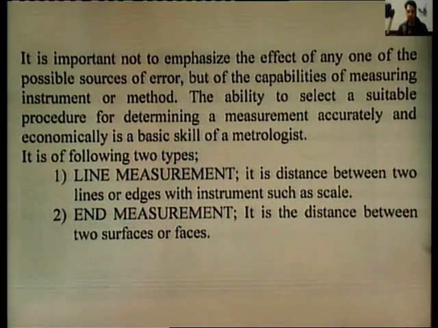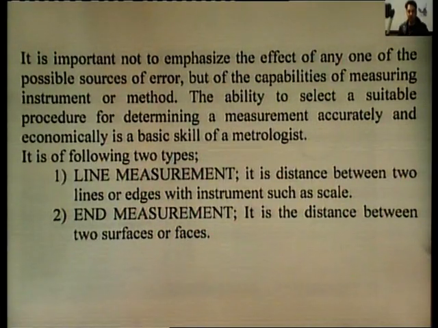So, we must have the right feeling when we are trying to take a measurement. The measuring instrument should have right contact over the component. So, this measurement is of two types which we have already discussed, that is the line measurement and the end measurement.